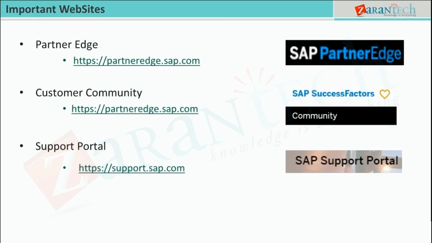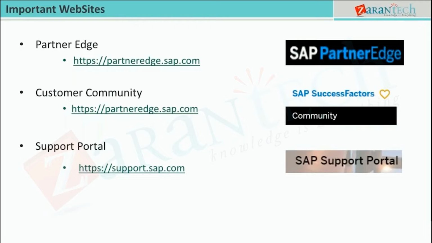Before going into the Intro to Mastery, I'm left with one more thing to introduce to all of you, guys. Once you are done with the training and you have got certified and you start working on projects, the regular important sites that you will be accessing for working on SuccessFactors are these three important sites.